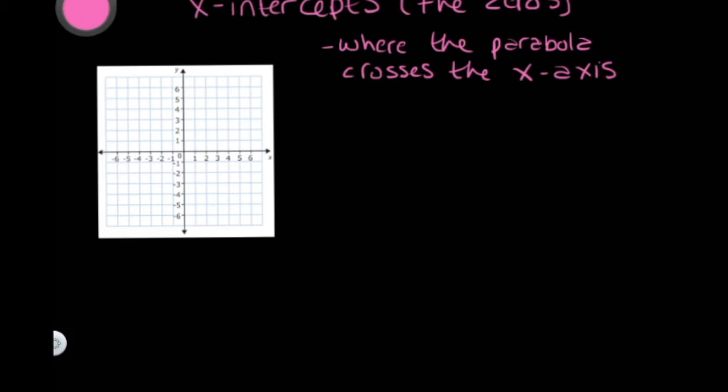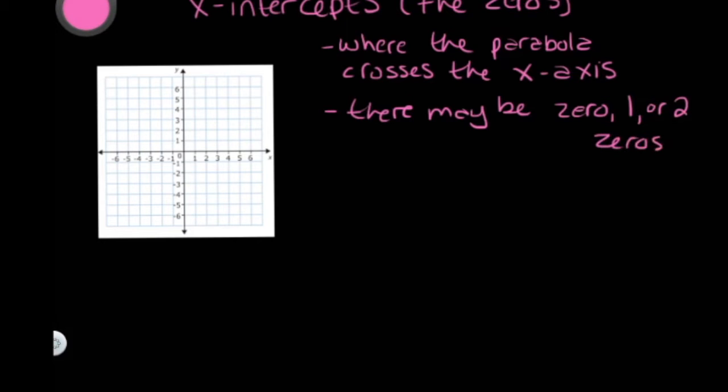So there may be 0, 1, or 2 zeros. So points where it crosses the x-axis. So let's look at some examples.